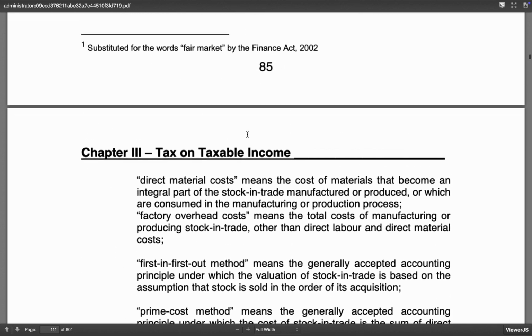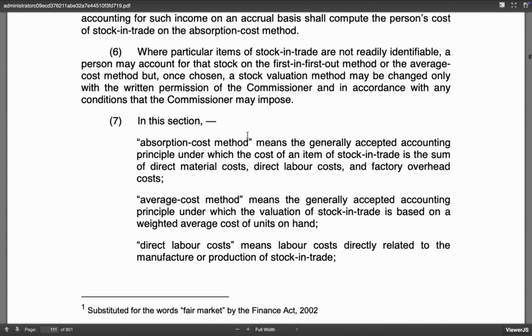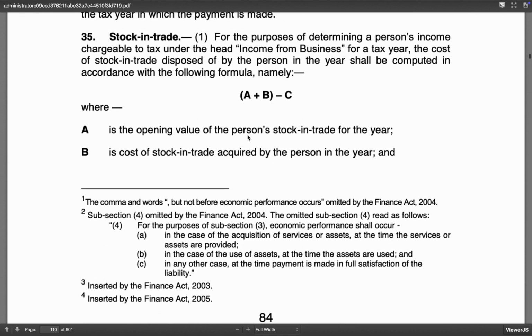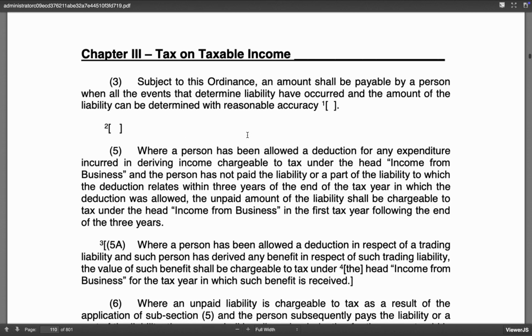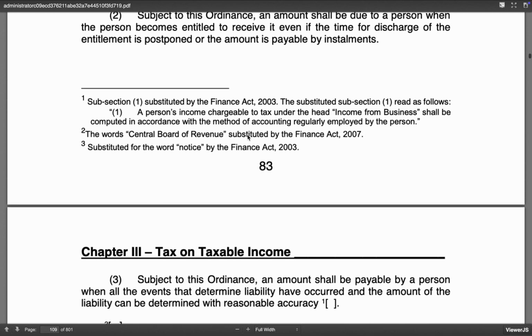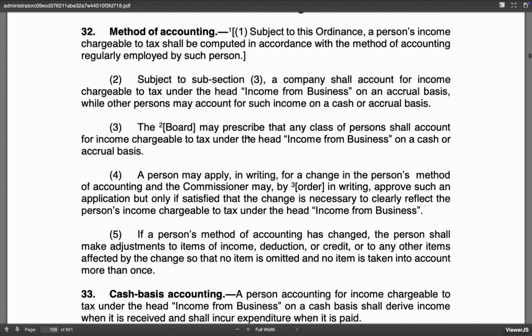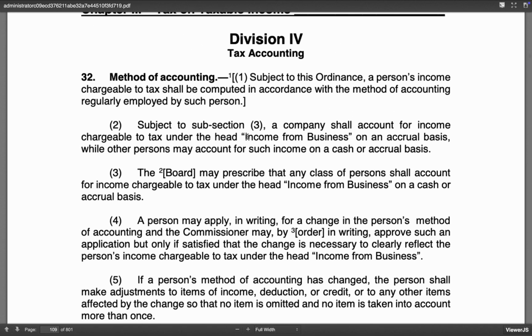So these sections are the tax principles, tax rules under which you calculate income from business, the taxable income from business, which is different from the financial accounting income that you calculate according to financial accounting rules.